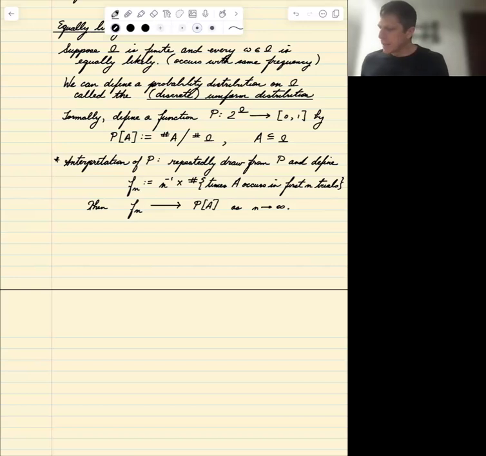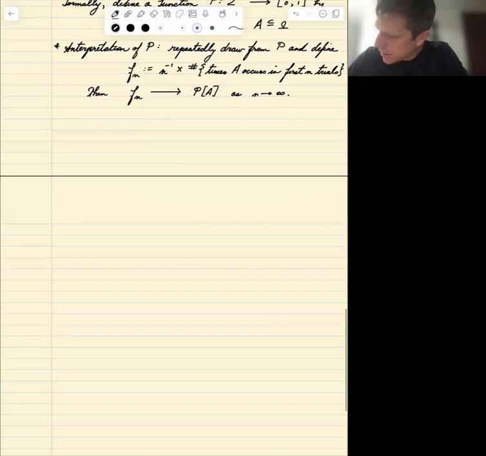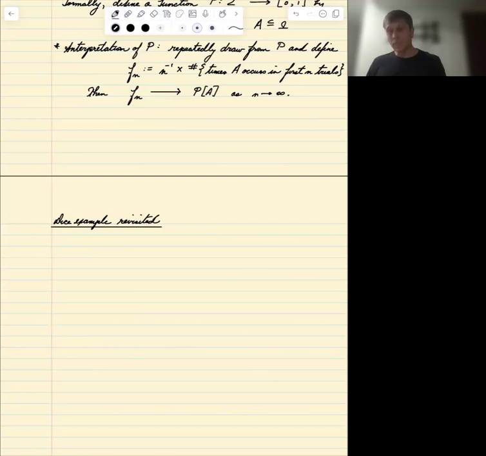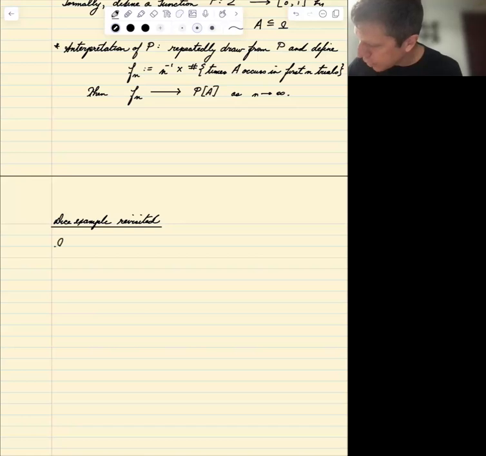Okay. Let's do the dice example revisited, because we are going to put it in the terminology that we're now setting, the formalized terminology. So remember, what was the sample space omega in the dice example? We have two six-sided dice.